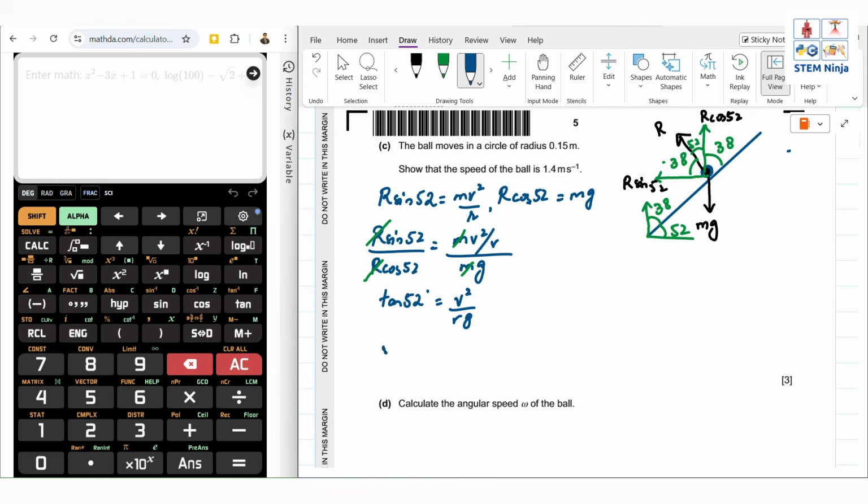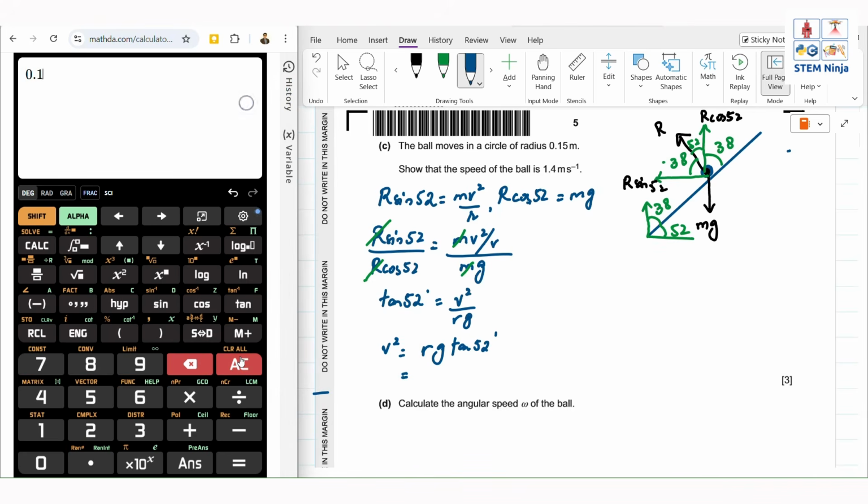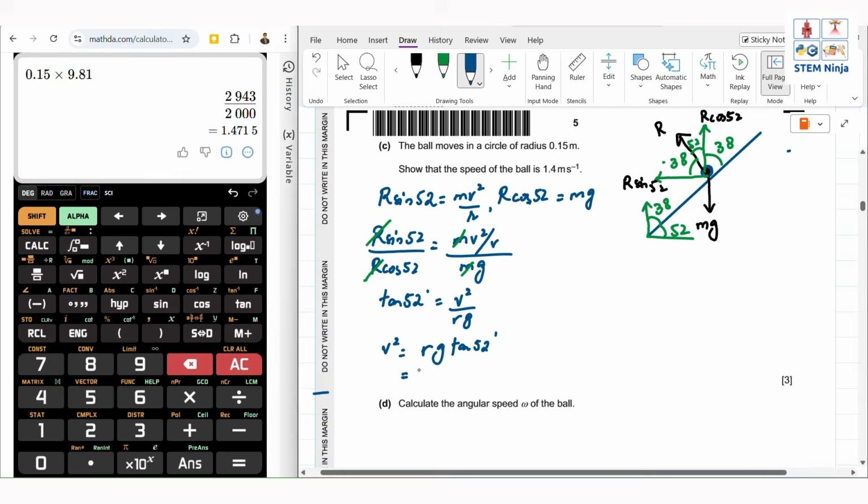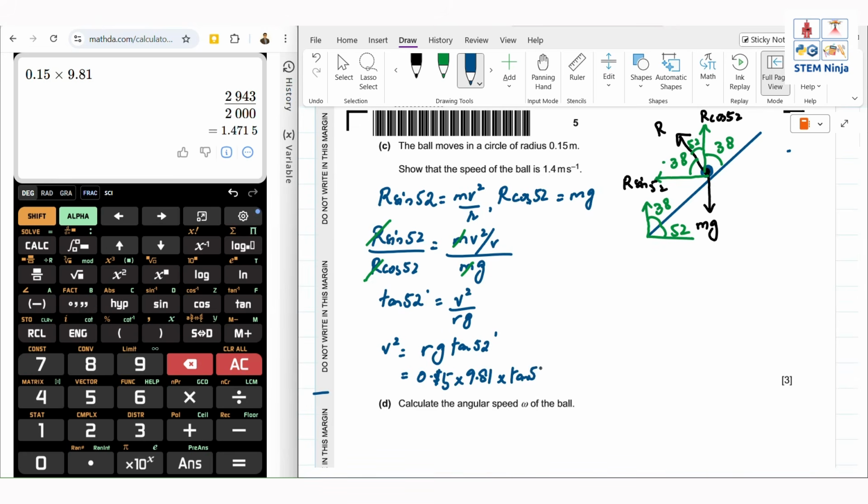And we need the v, so v would be the square root of Rg tan 52 degrees. So this would be 0.15 times 9.81 times tan 52.